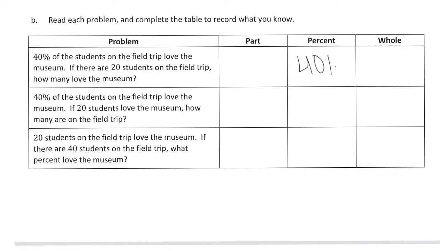So here we know that there's a total of 40 students on the field trip, so that is going to represent our whole. Now, what about our part? Well, here it doesn't tell us anything about our part, so we're just going to put a question mark here.